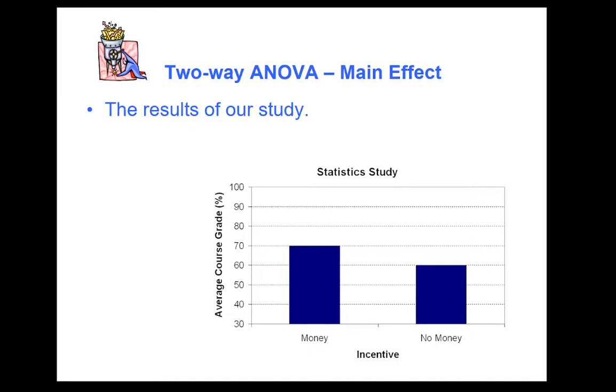So the results suggest that receiving a $1,000 bursary for completing stats seems to be a good motivator, because the course average was 70 for those 15 students who got paid and 60 for the ones that received no money.